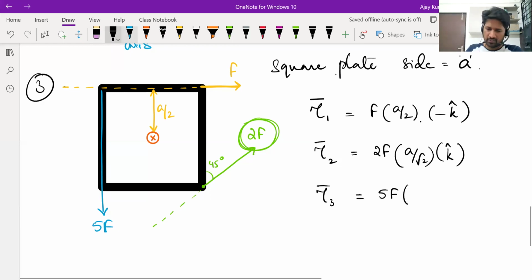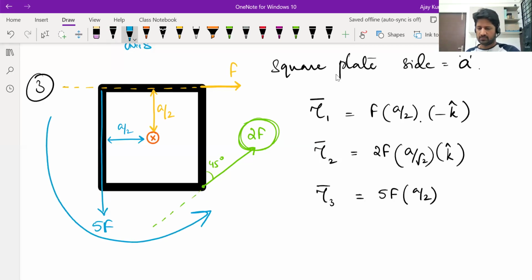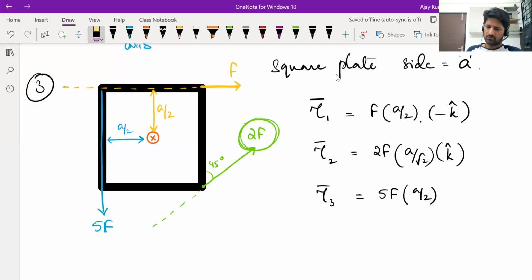Perpendicular distance is A by 2, correct, from the axis to the line of action of the force. So 5F into A by 2. What about the direction of torque? Sir, anti-clockwise. Anti-clockwise, correct. This force also, about the given axis, tends to rotate the square plate like this, anti-clockwise, so out of your screen. So K cap again.